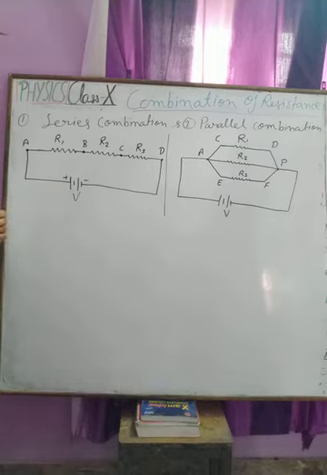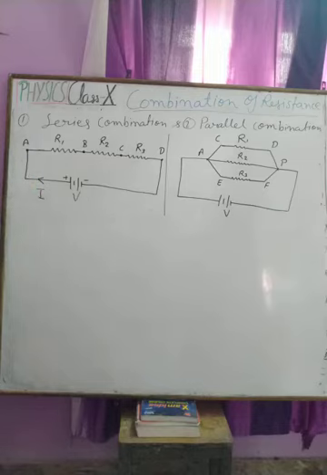Now we understand the rules in the two combinations. When the load is applied, or when the resistor is applied and the circuit is closed, student, the current will be drawn from the battery by the load or resistors. Let the current I be drawn from the battery. Now what is current, how is the current moving in the circuit?